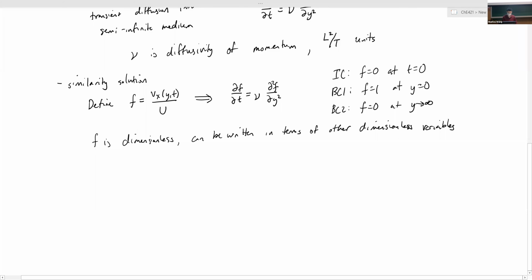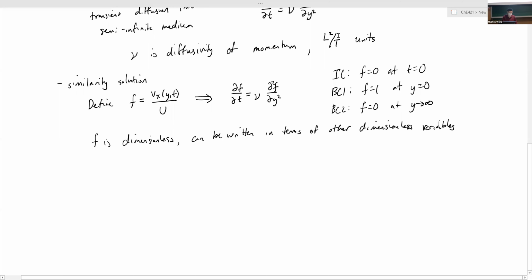But unfortunately, all the other variables in our system here do have units. Again, t has units of time, y has units of length. But it turns out our nu here, this kinematic viscosity, has units of length squared over time.